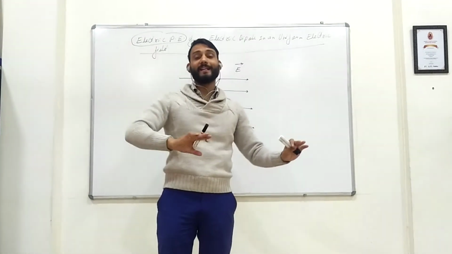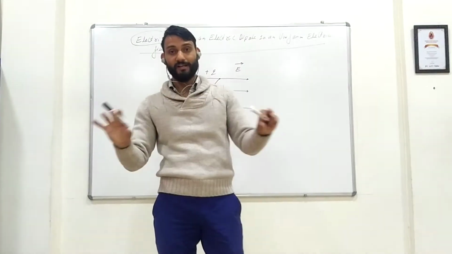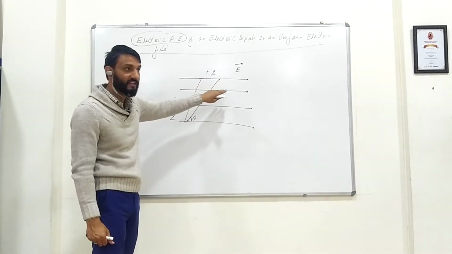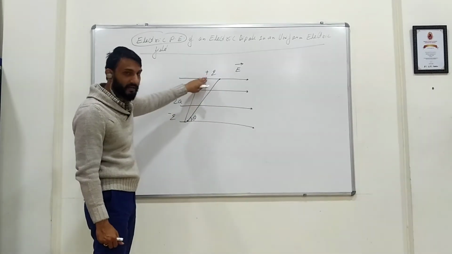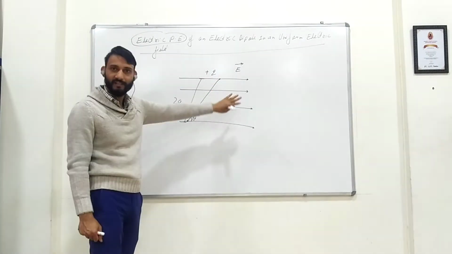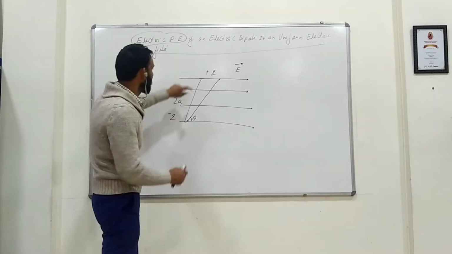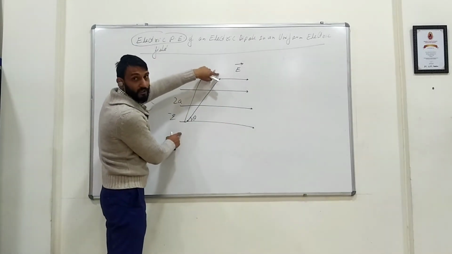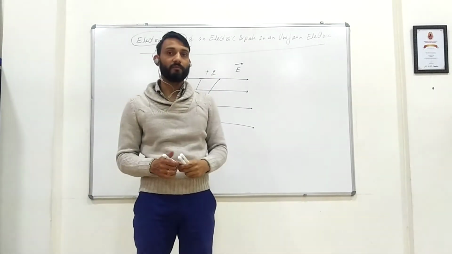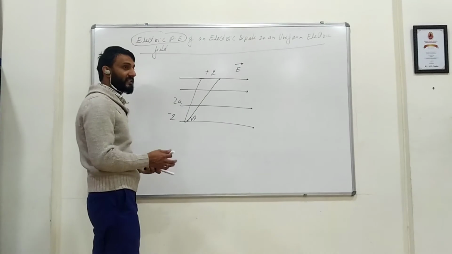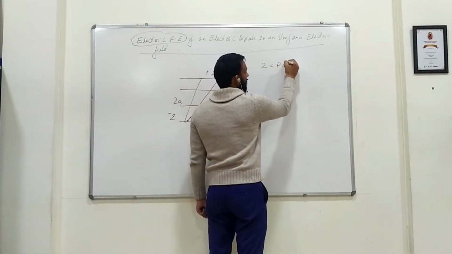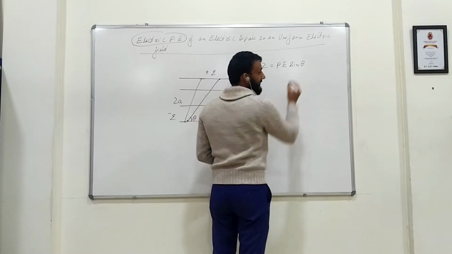So after drawing the diagram, you should always write an introduction: let us consider an electric dipole consisting of two equal and opposite charges plus q and minus q, separated by a distance 2a and kept in a uniform electric field E, right? Now we all know that whenever a dipole is kept in a uniform electric field, the dipole experiences a torque, and that torque we have already studied is pE sin theta.